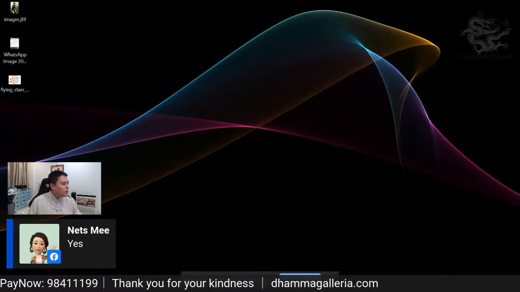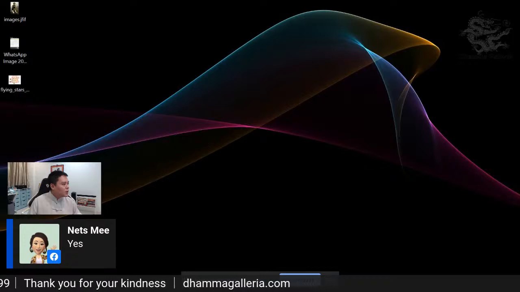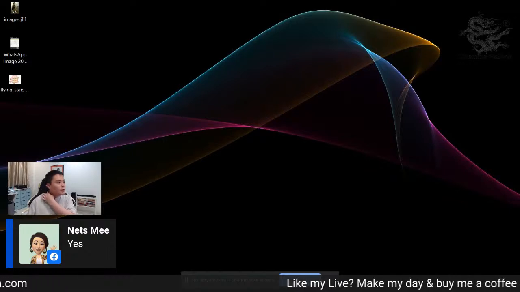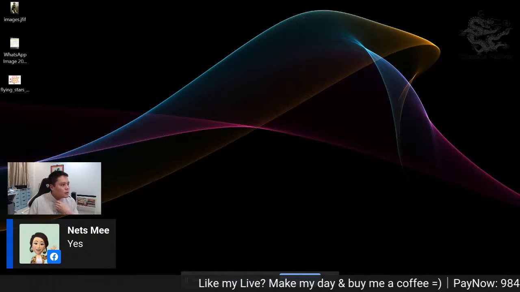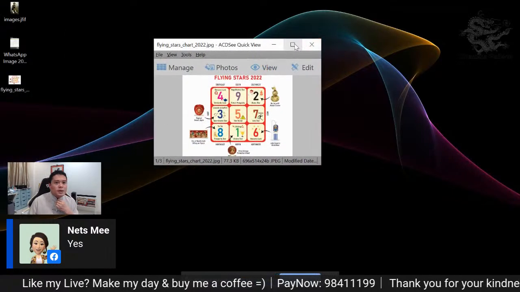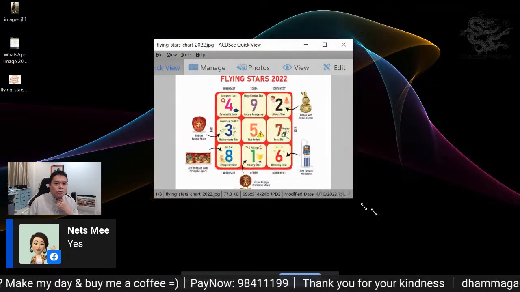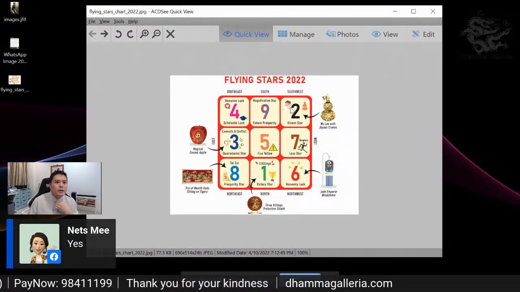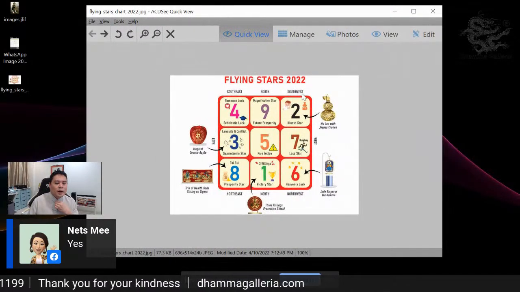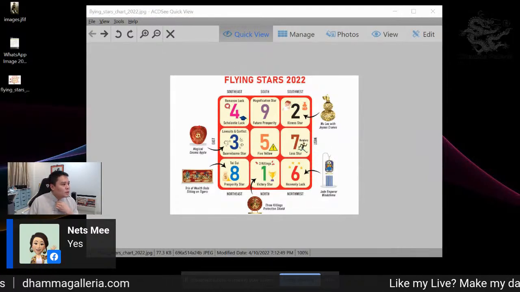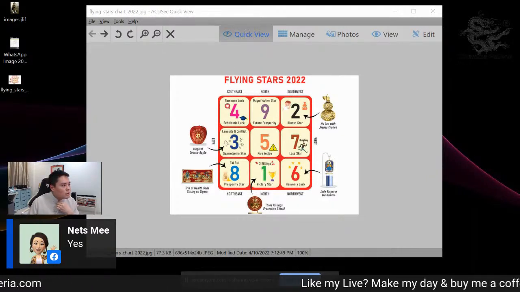Okay, just give me a moment as I open the photo, right? Okay, because this year of the 2022, the Erhe 就在我们的 southwest. Your house is facing southwest.